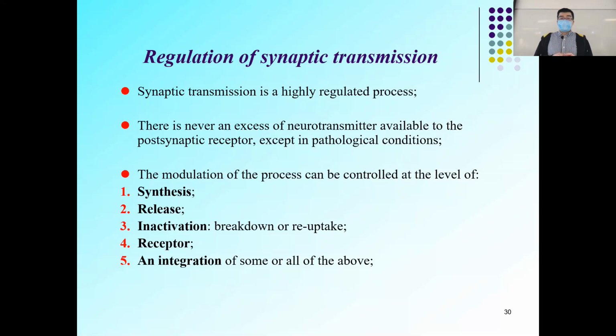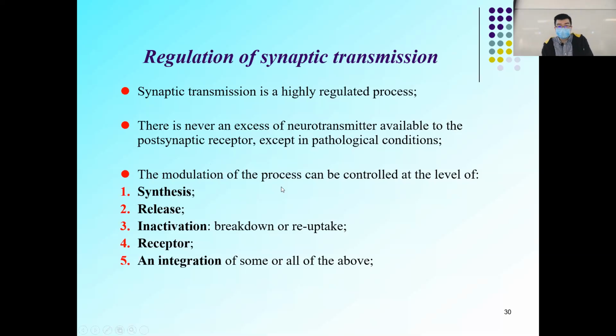Or in other conditions, for example stroke, there is not enough energy, so the neurotransmitter cannot be removed fast enough, which overactivates the receptors and causes the problem. When we talk about those, we will discuss them more.